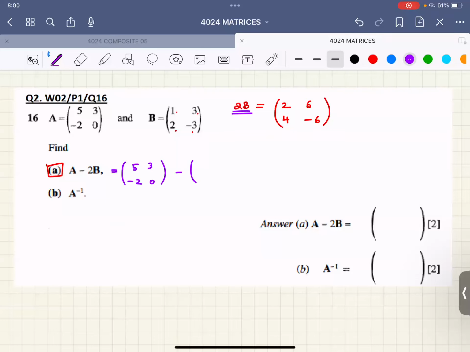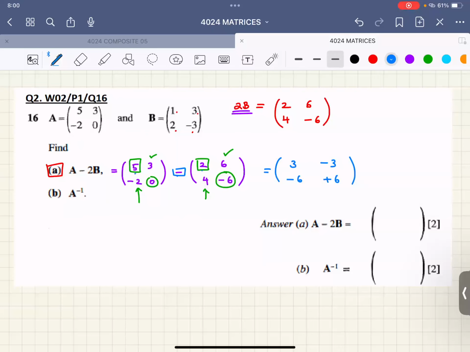And if I'm interested in A minus 2B, this is 5, 3, -2, 0, minus 2B, which is already here: 2, 6, 4, and -6. Now subtract the corresponding terms. 5 minus 2 is 3. 3 minus 6 is -3. -2 minus 4 is -6. 0 minus -6 is +6.